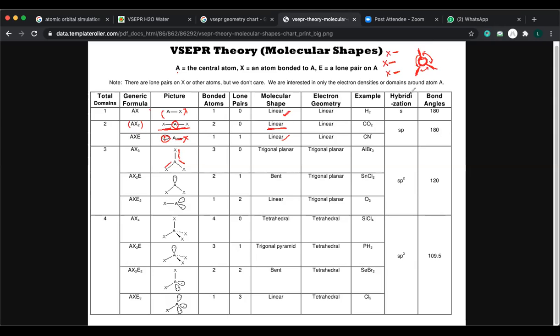And this is forming a triangle in the same plane. If you imagine a piece of paper, you can put this molecule on a piece of paper, and it's going to be flat. It's all falling on the same plane. So that is why this shape is called trigonal planar. Trigonal is tri, three sides, and it's a planar molecule. It's a flat molecule.